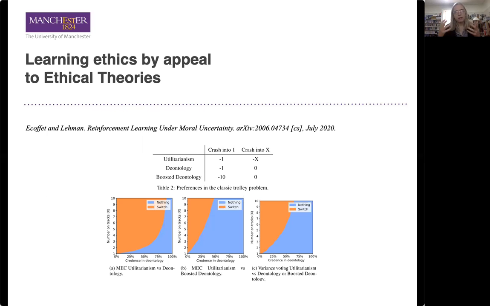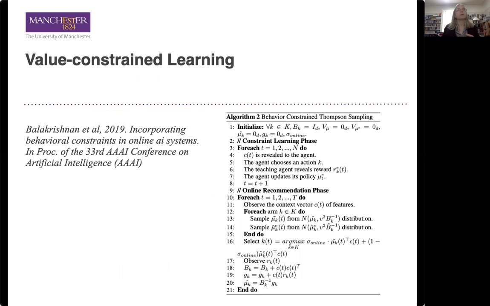And it mostly depends on how many people you're going to kill. But they've got this kind of voting concept. And again, well, how can we map all these different ethical theories into a utility? Essentially what's going on here.